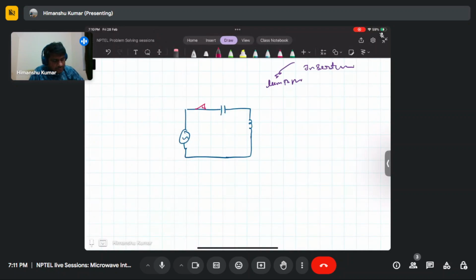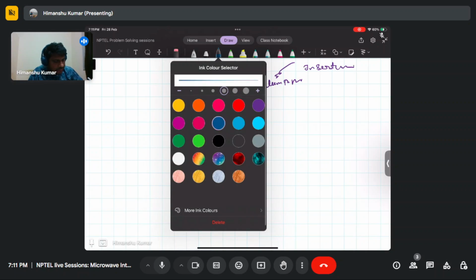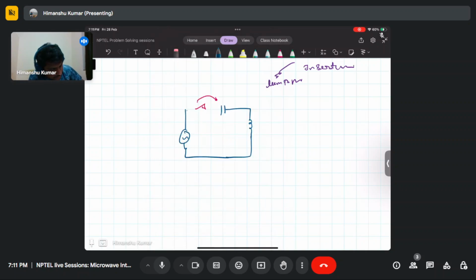Let's say you feed energy to this circuit, and here is one switch, and here is another switch. You excite this resonator by closing this switch while the other switch is open. Then after putting the energy into this LC circuit, you open this switch.